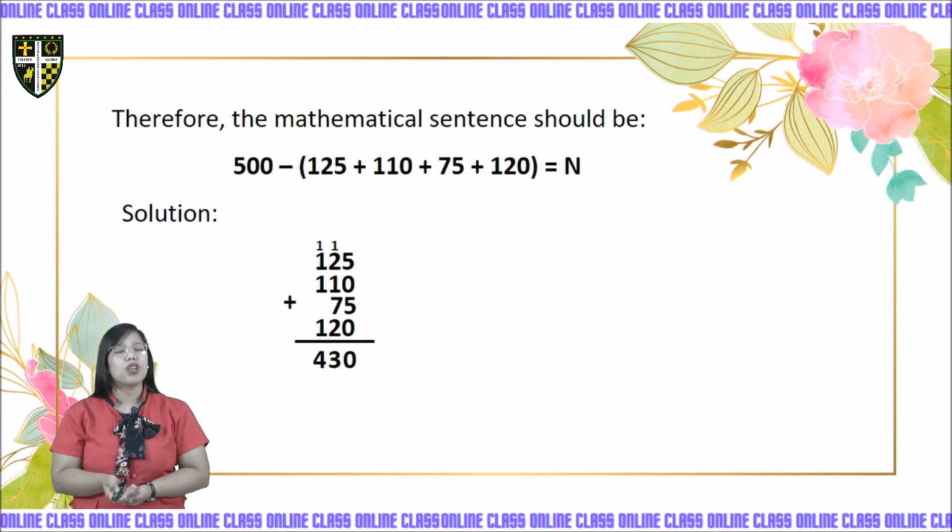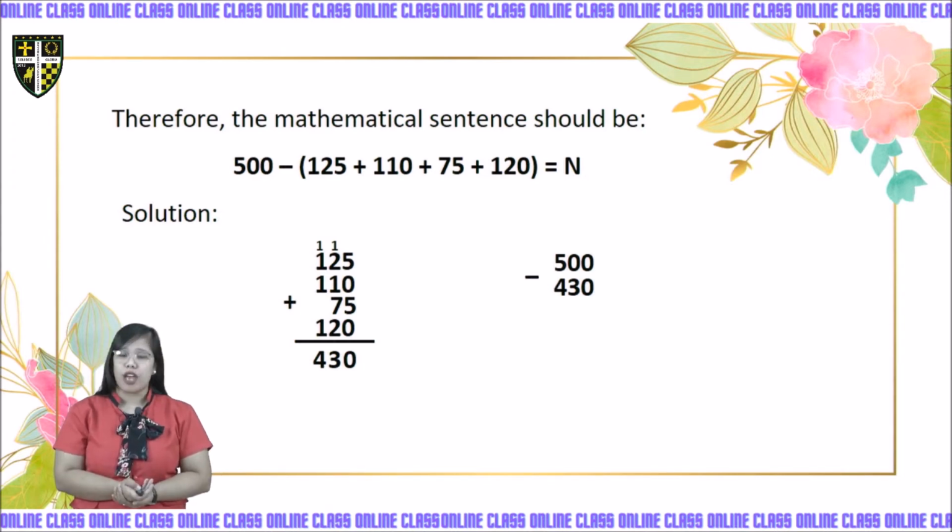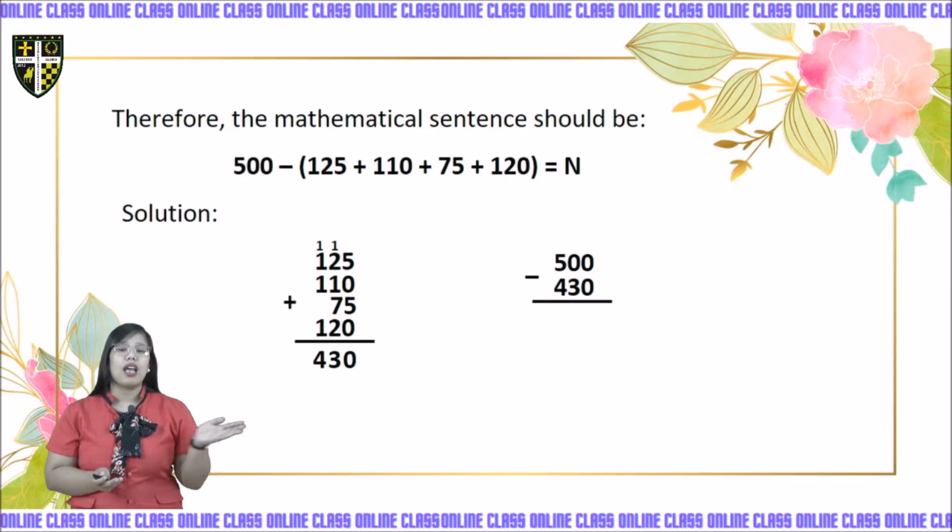Now we will subtract this 430 from the total amount that mom paid. So the bill of mother is 500. We will subtract 430 from 500. So 500 minus 430, we start from the right. 0 minus 0 is 0.